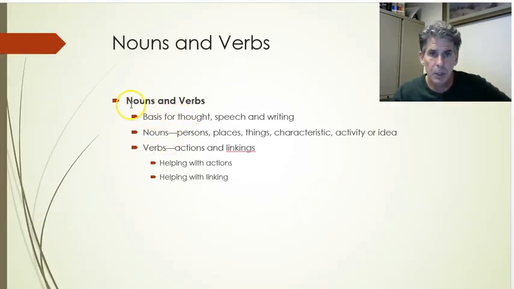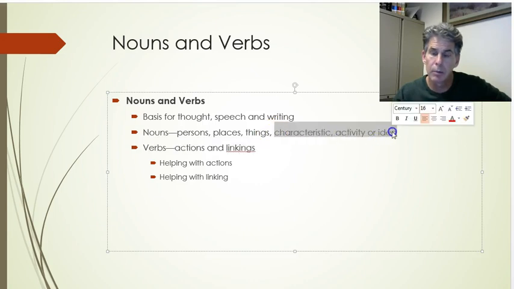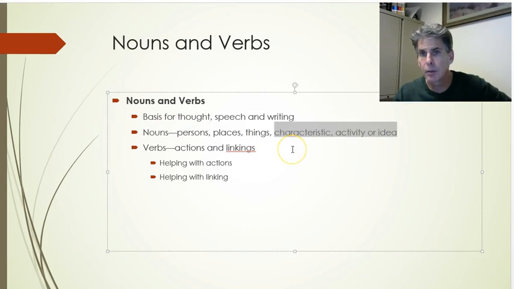Nouns and verbs are the first level. They are the basis for thought, the basis for speech, the basis for writing. Nouns, as you've been told, are persons, places, and things, but they are also, and I mentioned this in the book, characteristics, activities, and ideas. That's where people get confused, on these three. Most people can handle persons, places, or things, but you can have sadness be a noun.